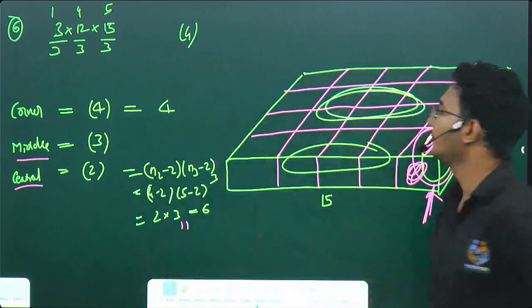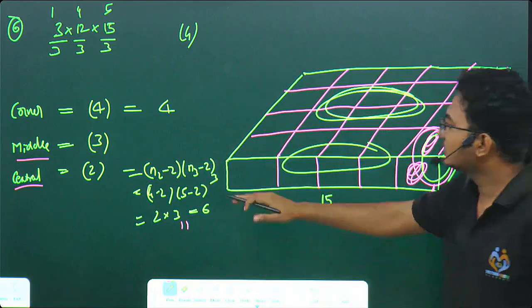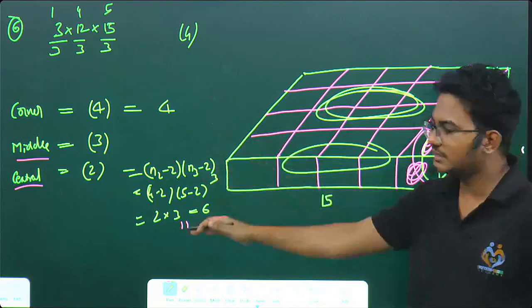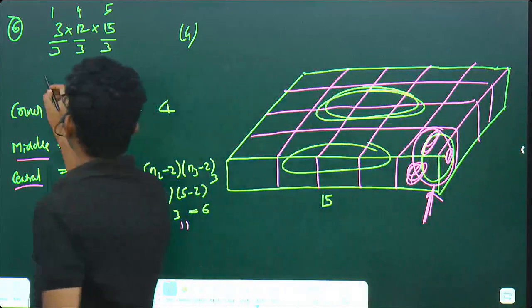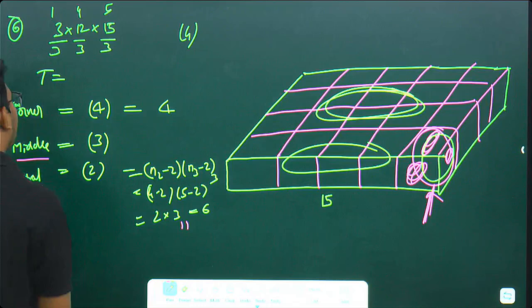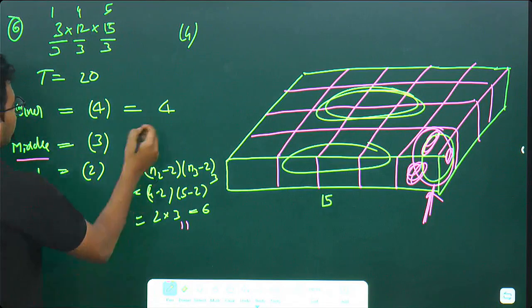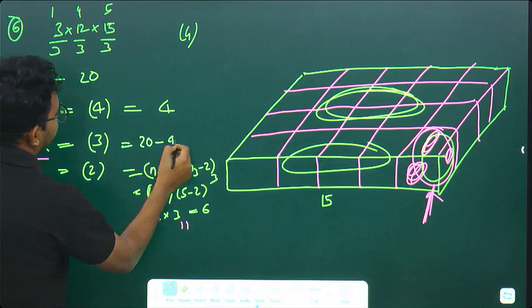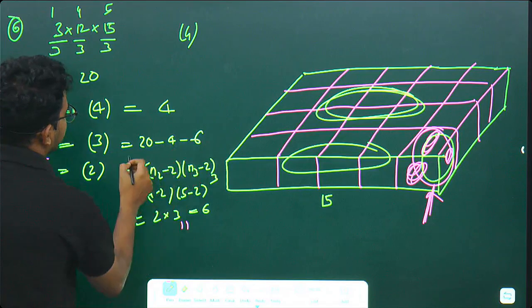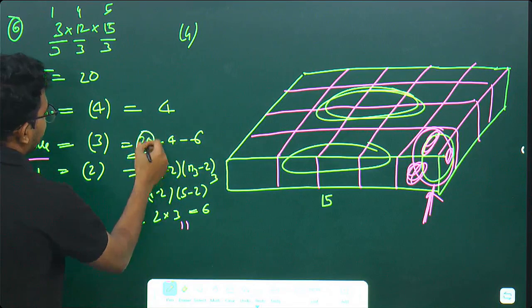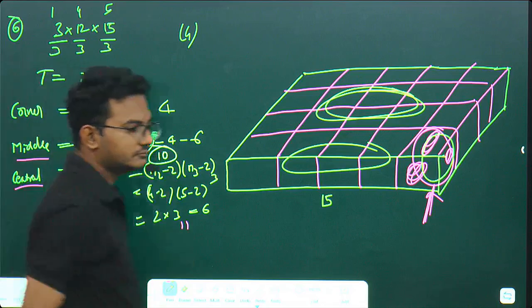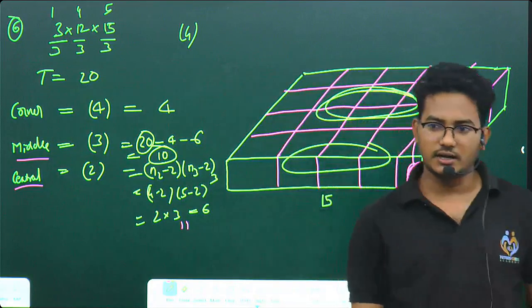Now total you have to find out: 1 into 4 into 5, which is 20. Now 20 minus 4 minus 6 gives your answer 10.